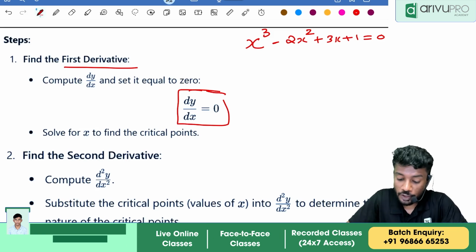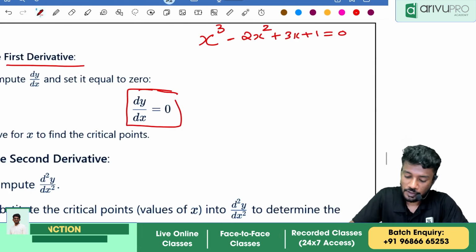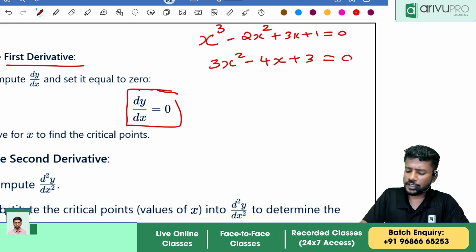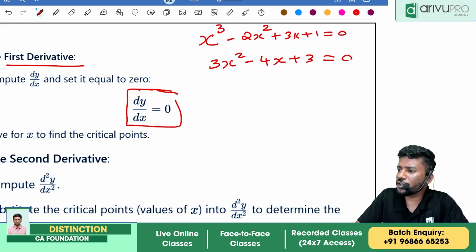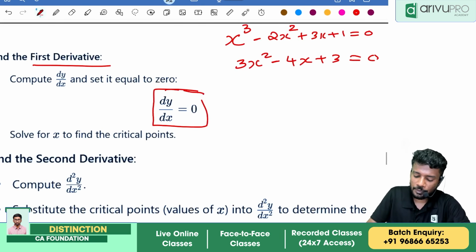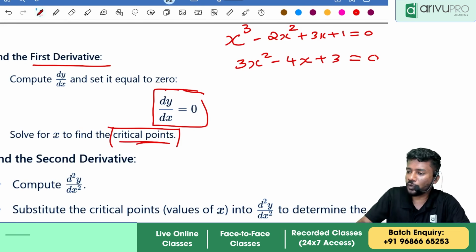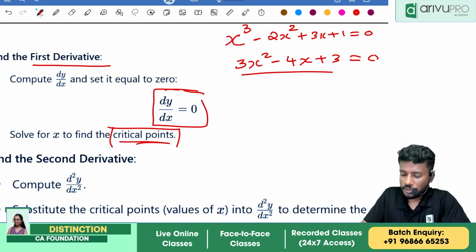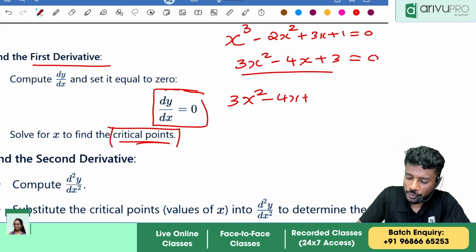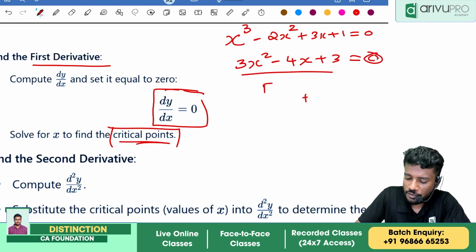You tell me, what is the first derivative of this? 3x square minus 4x plus 3 is equal to 0. Okay, that is the first derivative. Then what are we going to do? We will equate it to 0 and find the critical points. We will solve the equation and get the critical points. What is the next step? 3x square minus 4x plus 3, we will put it equal to 0 and find what values?